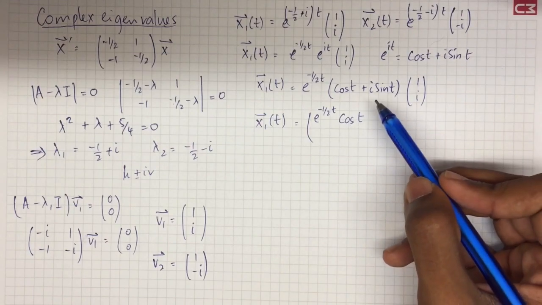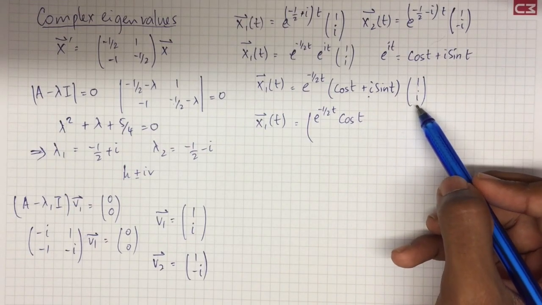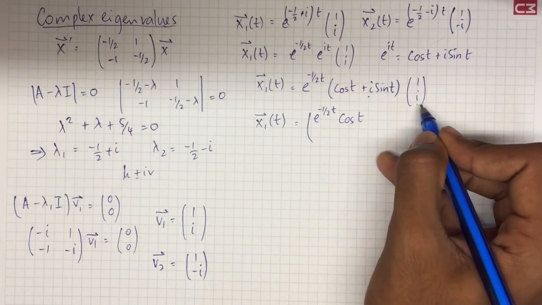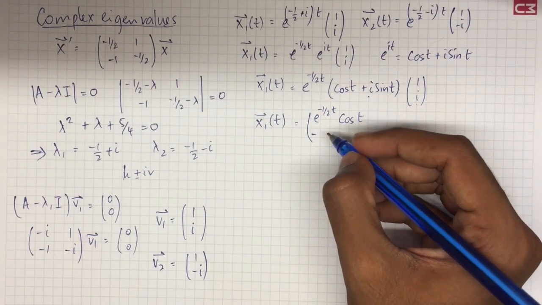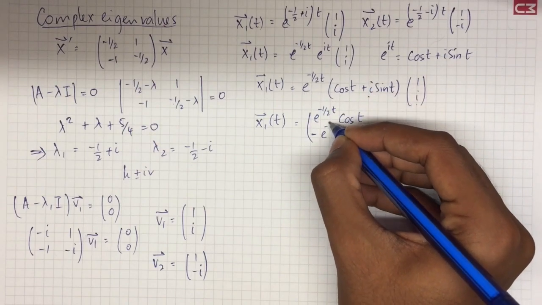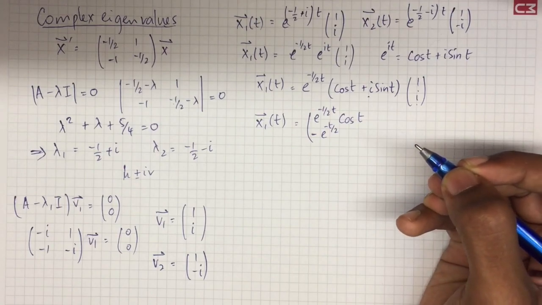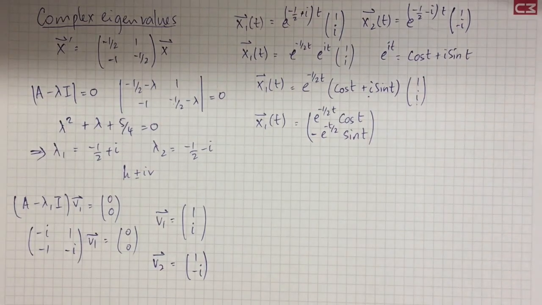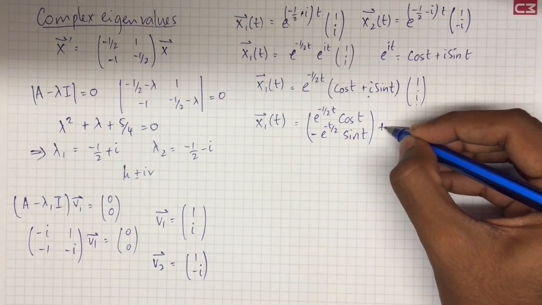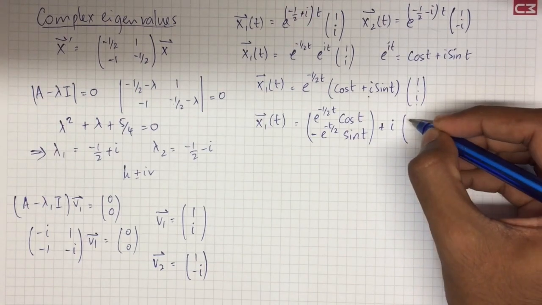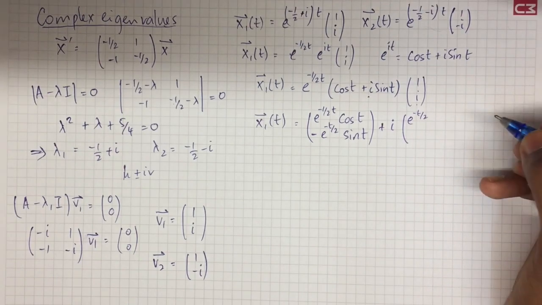So for the real component, I'll be taking this multiplied with this. I squared is -1, so I'll have a negative symbol. And I have this one, so I'm going to have e raised to the power minus t over 2 and then the sine component of it. Then plus, if I'm taking the imaginary components, I would have e raised to the power minus t over 2.